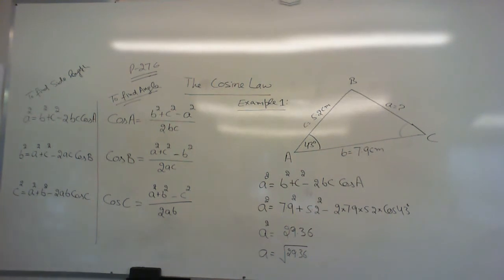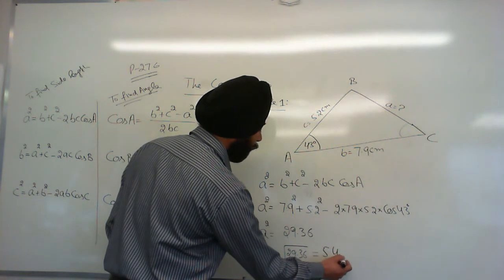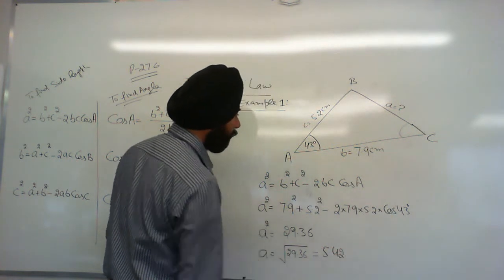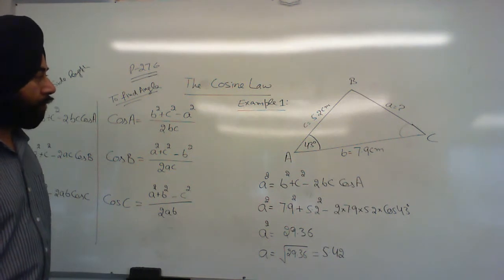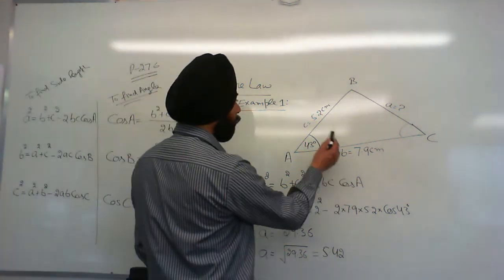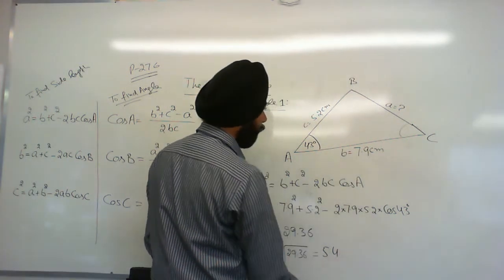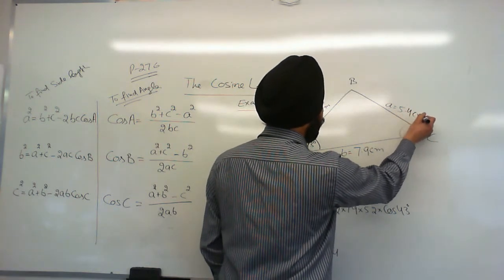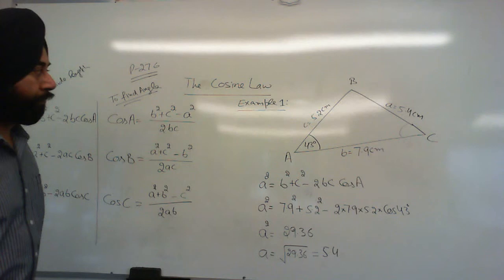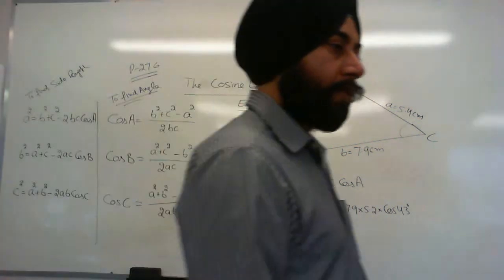The square root of 29.36 is 5.418, which can be written as 5.42, or just 5.4, because these numbers have just one decimal place. So A came out to be 5.4 centimeters. Have you got the same answer?